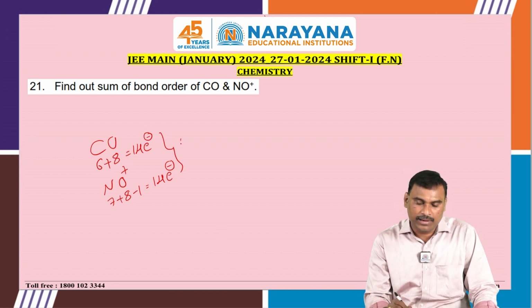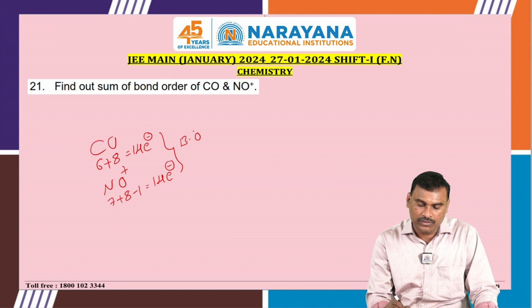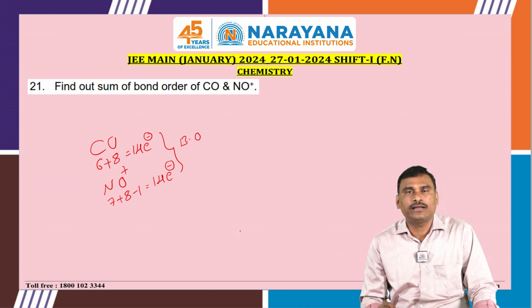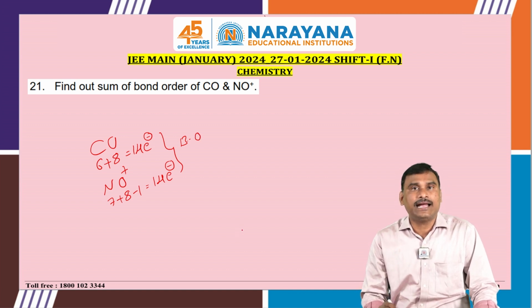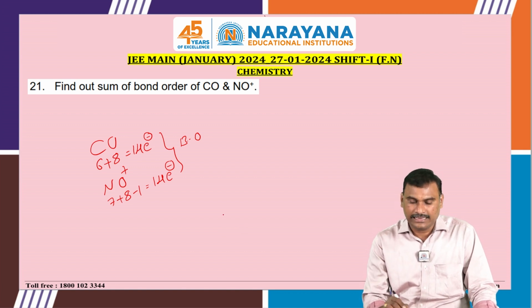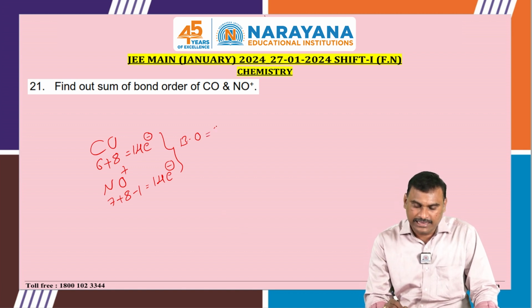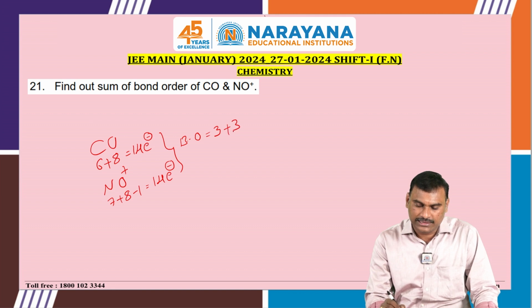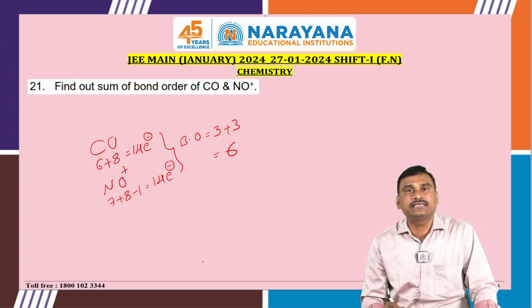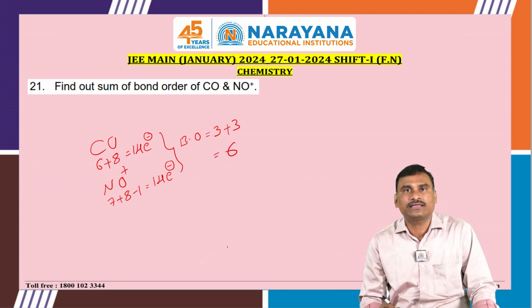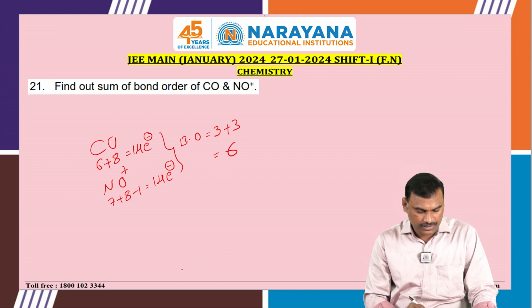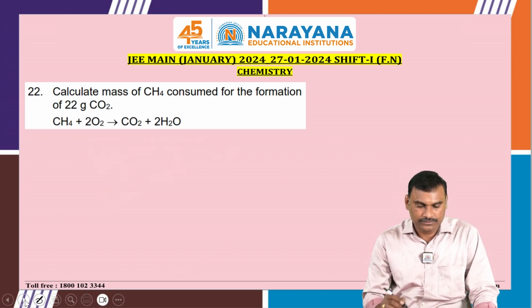The bond order for 14 electrons we already know is 3: bonding electrons minus anti-bonding electrons by 2. So 3 plus 3, the total sum becomes 6. That is the correct option for question number 21. Go for the next question, student.